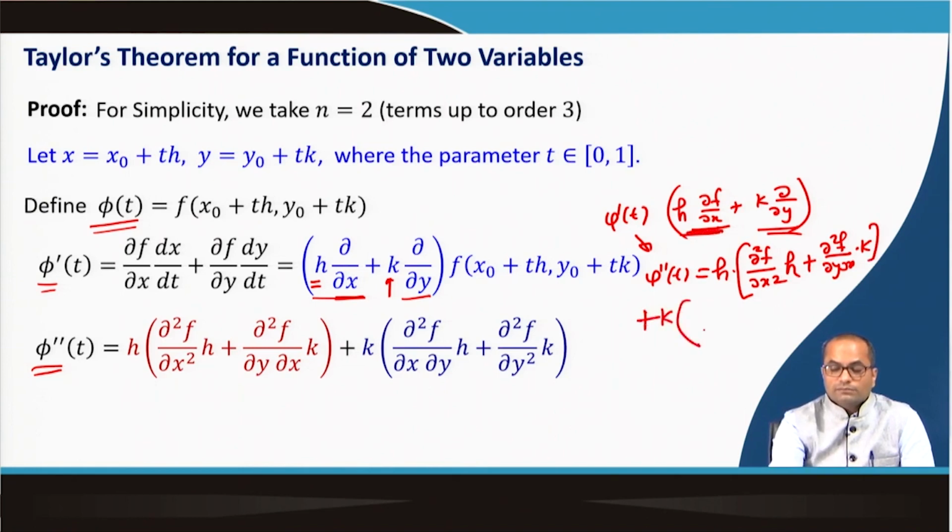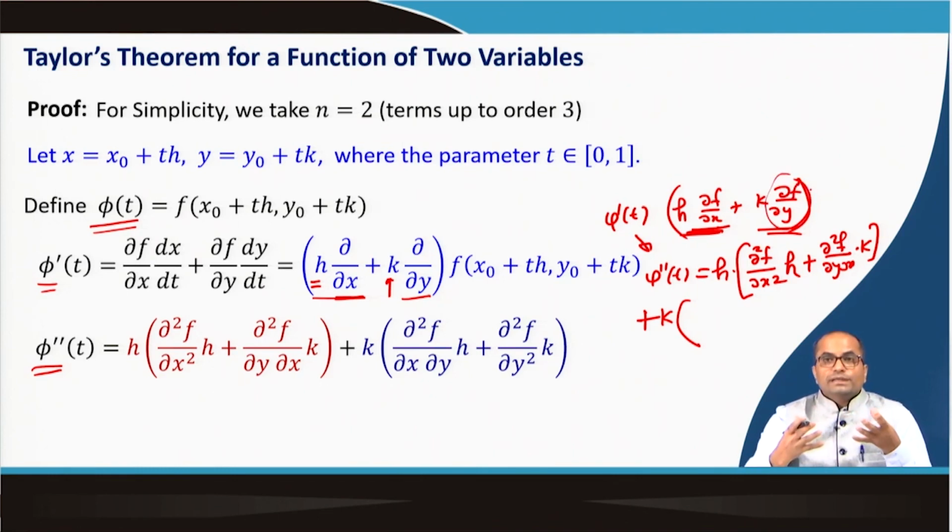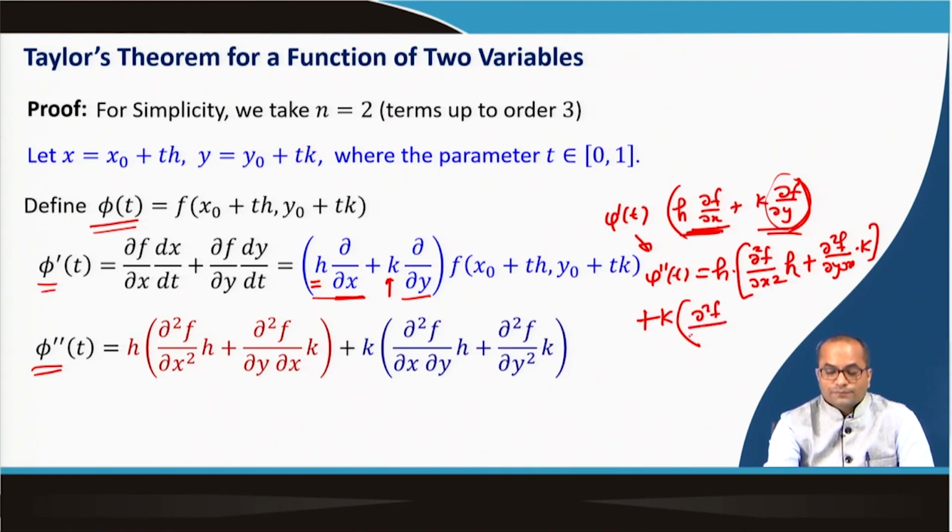Similarly, from the second term we have del f over del y, and we differentiate again using the chain rule. For del f over del y, first we differentiate with respect to x, that means del 2f over del x del y, and dx over dt, that is h, and then again del 2f over del y square and dy over dt, that will be the k.